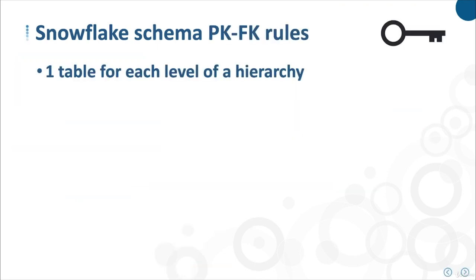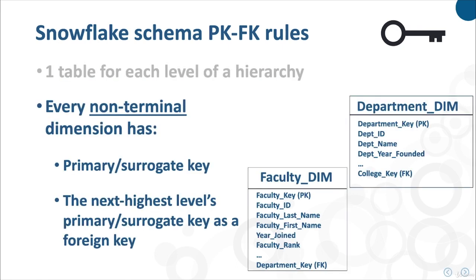So let's talk a little bit about the rules. So basically, you're going to have one table in a Snowflake schema for every level of a hierarchy. Every non-terminal dimension, so a terminal dimension would be those at the highest level, a non-terminal dimension would be every other dimension table. Every non-terminal dimension has a primary key, which is a surrogate key.